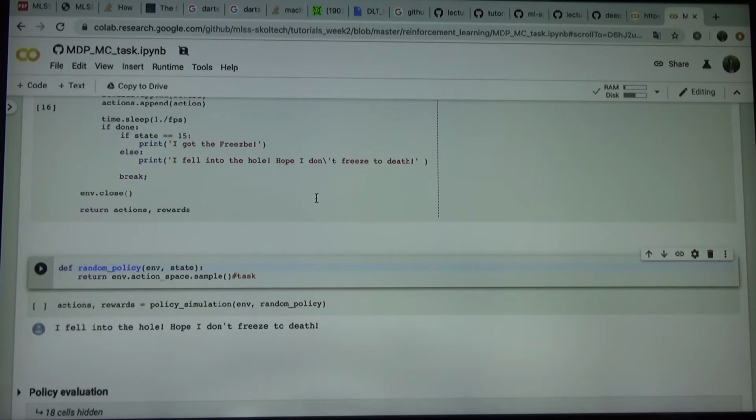So the random policy is exactly what it means.